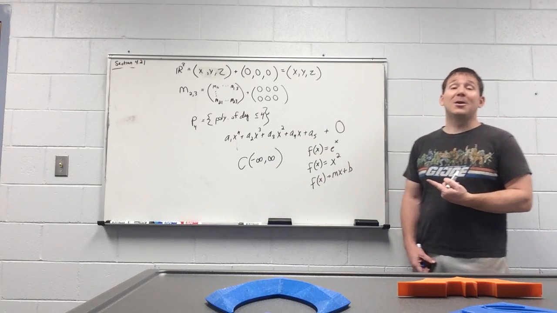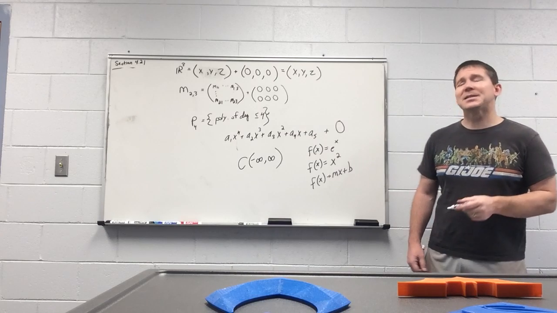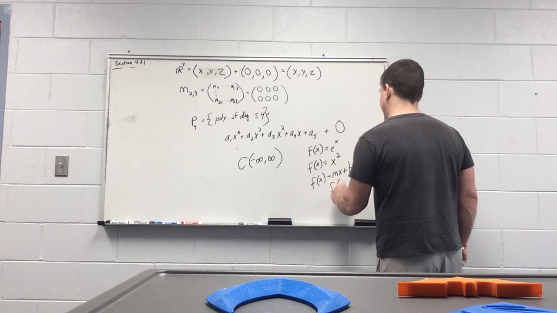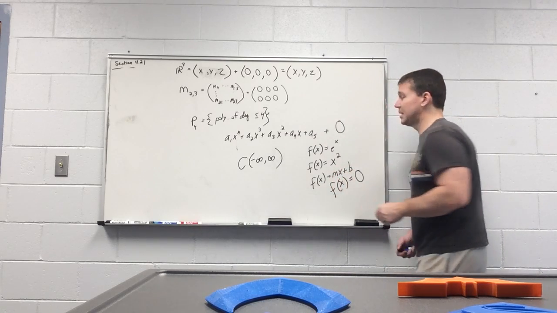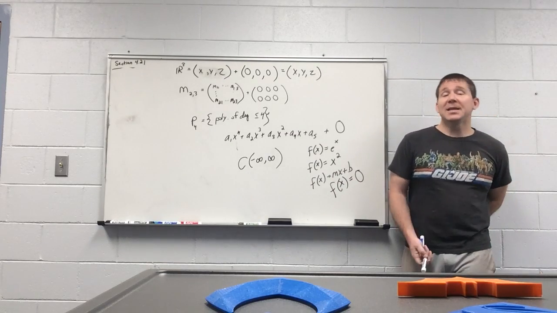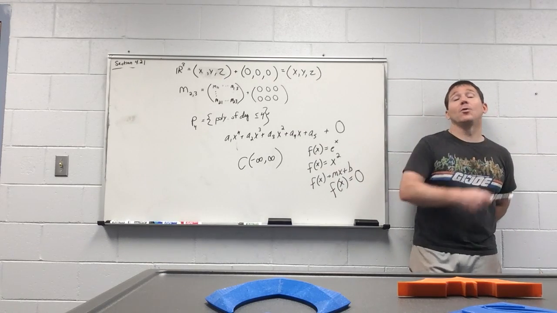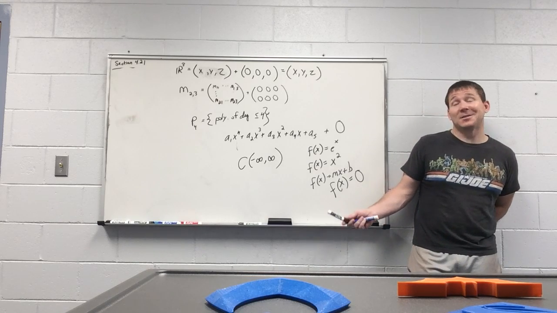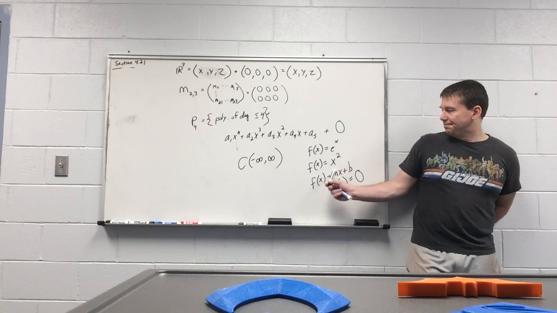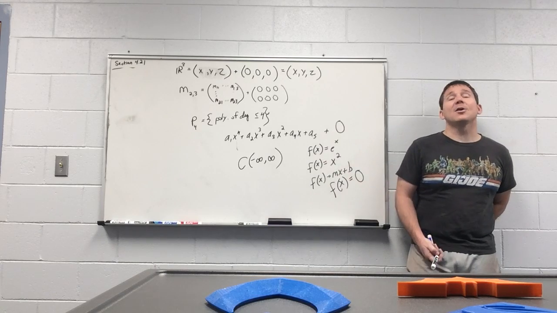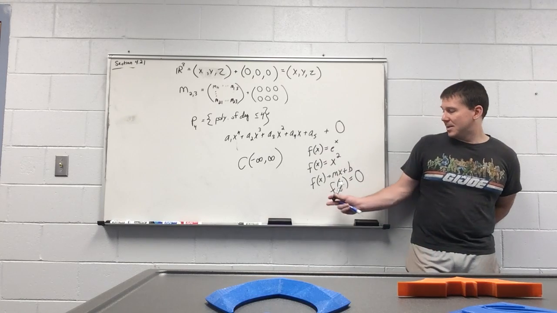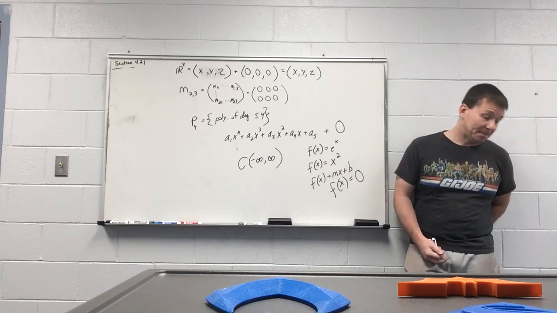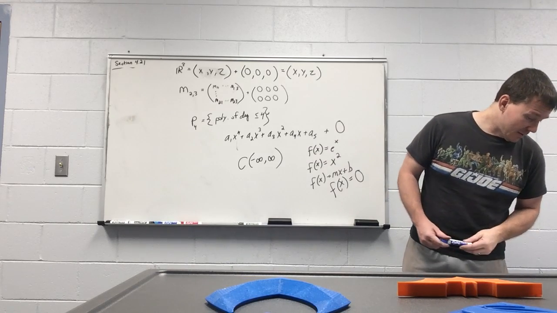What could I add to all of those to get back what I started with? 0. That is certainly a continuous function. The horizontal line along the axis, the 0 function, the constant function. And I can add it to all of those and get back what I started with. So there's my additive identity. Okay.